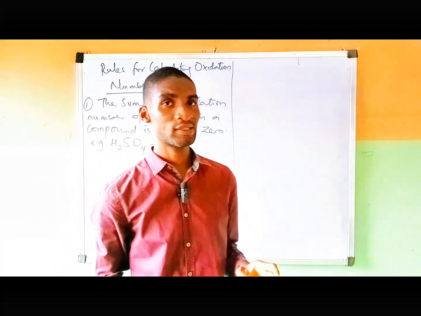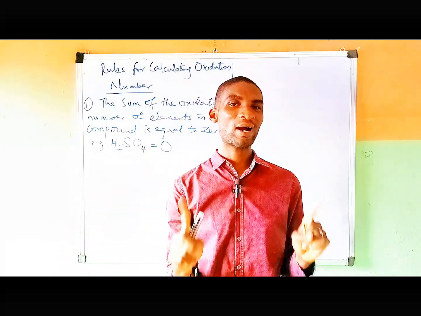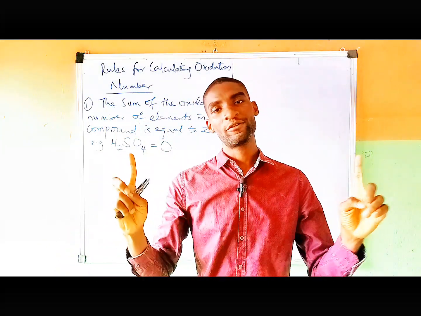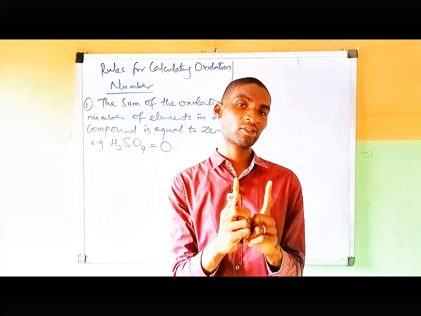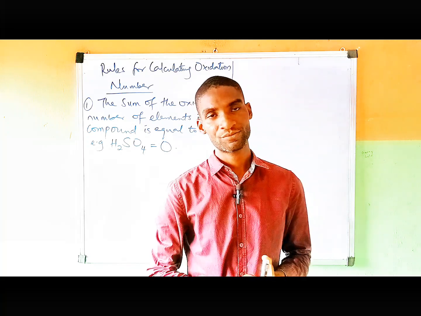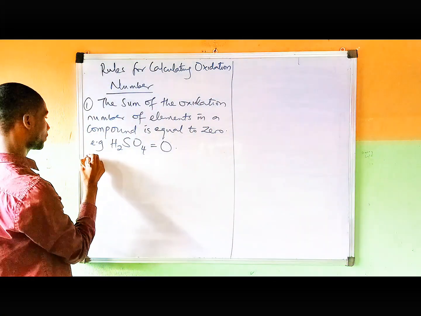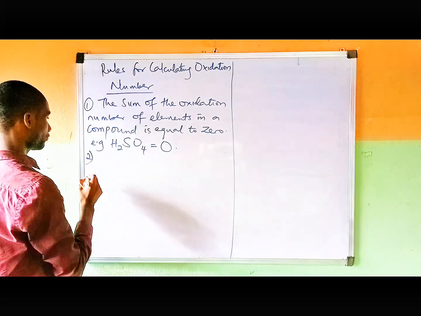So what that means is that all the elements that you have in H2SO4, if you add the oxidation number of all the elements together, it's going to be equal to 0. Let's look at the second rule.